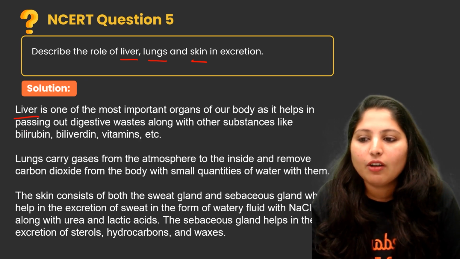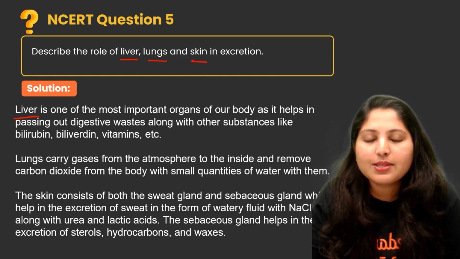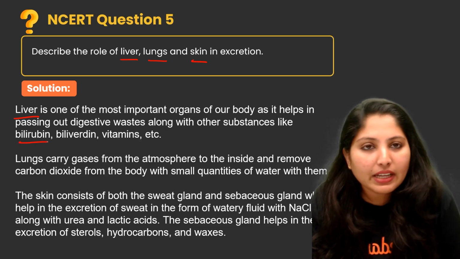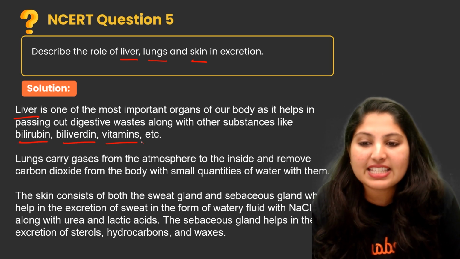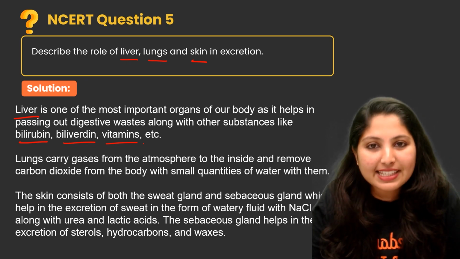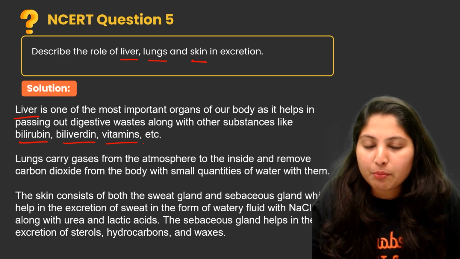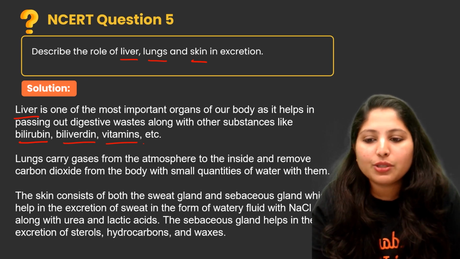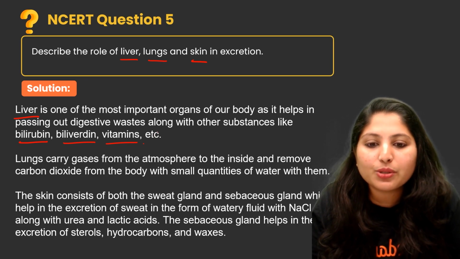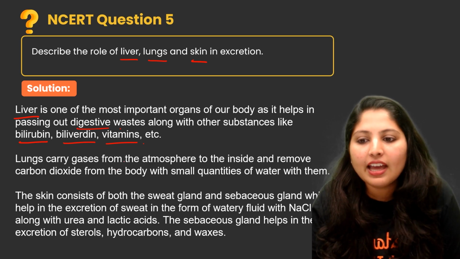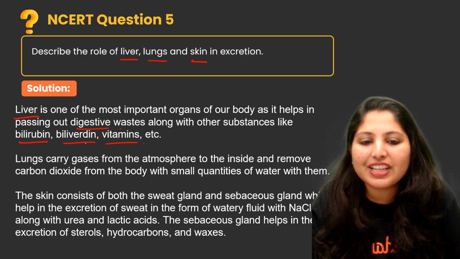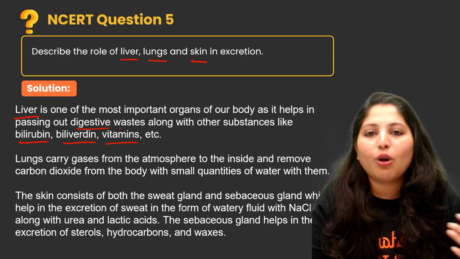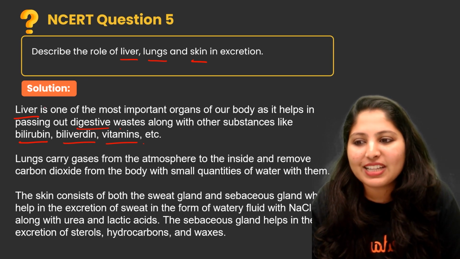What is the function of the liver? The liver releases bilirubin, biliverdin, and excess vitamins or toxic substances present in our body, which enter the digestive system. From the digestive system, these wastes enter the rectum, and through the rectum they go out as fecal matter. So that is the liver.